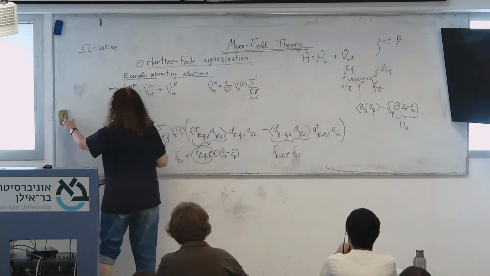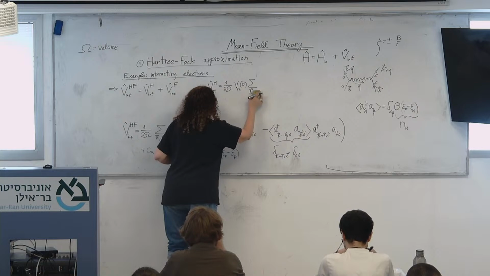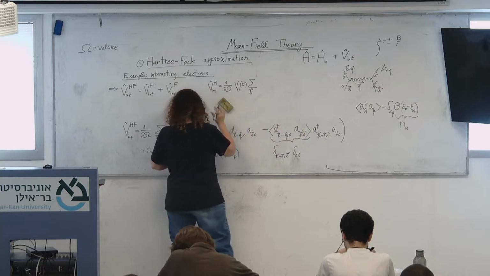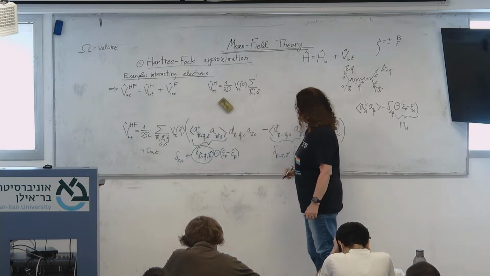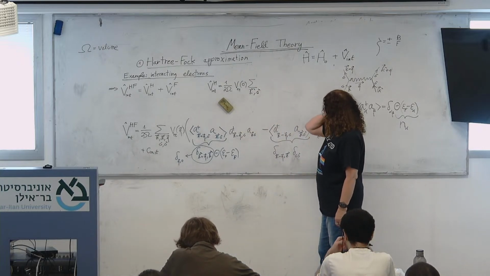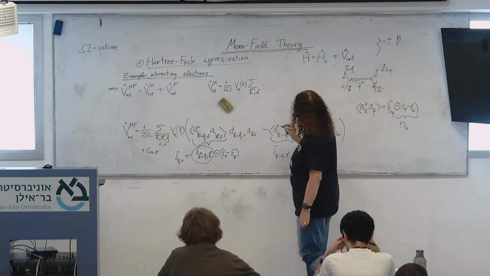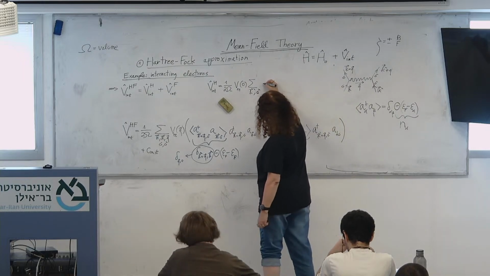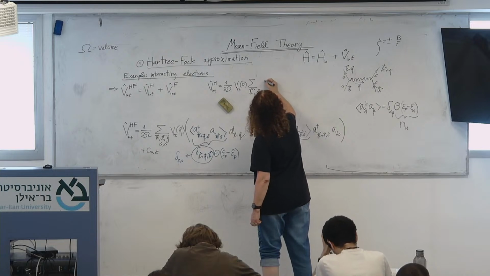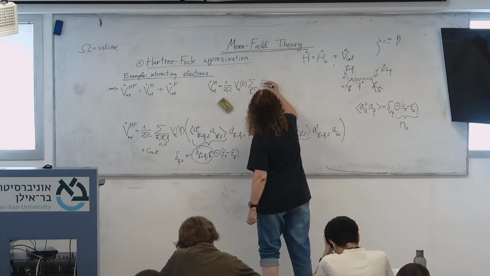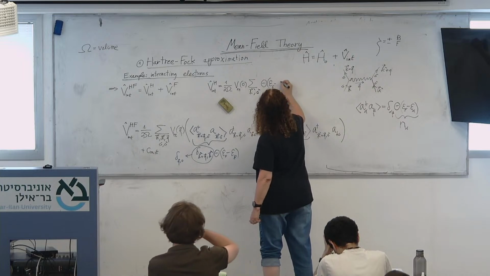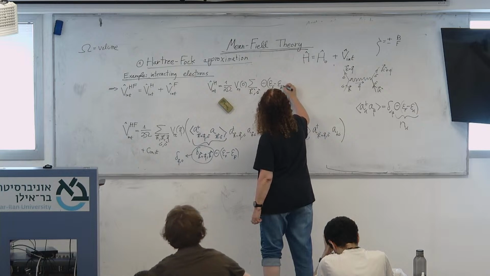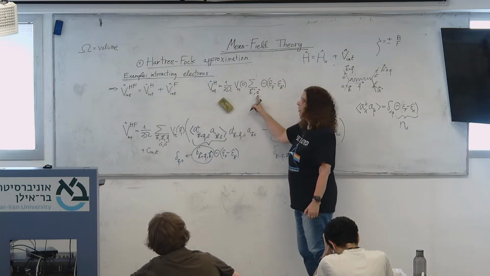Actually, you know what? Sorry. Let me rewrite the sum. First I sum over k prime and sigma prime. And this gives me a theta of E Fermi minus epsilon k prime for each k prime and each sigma prime.